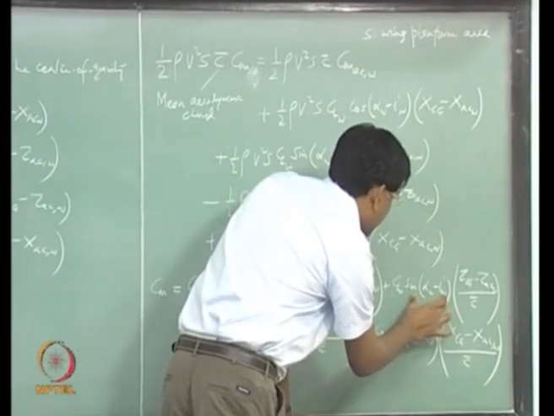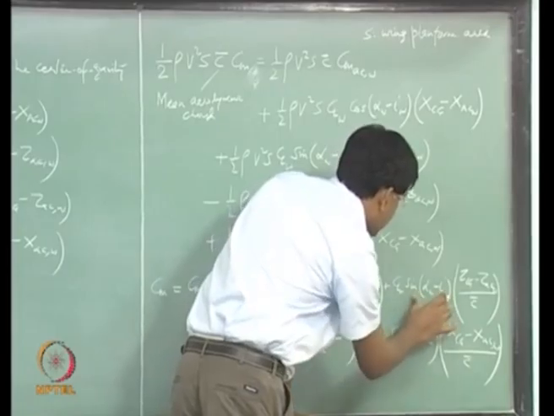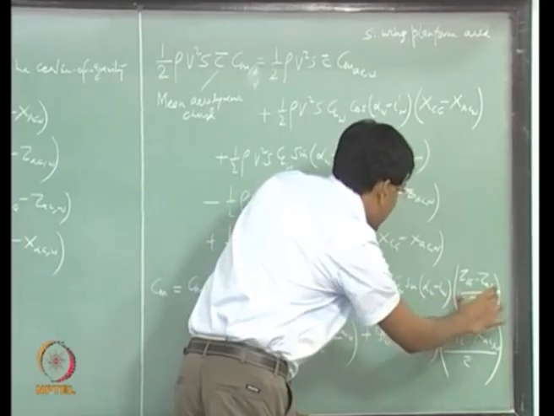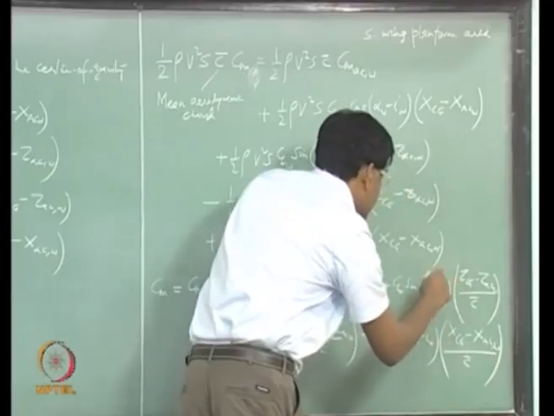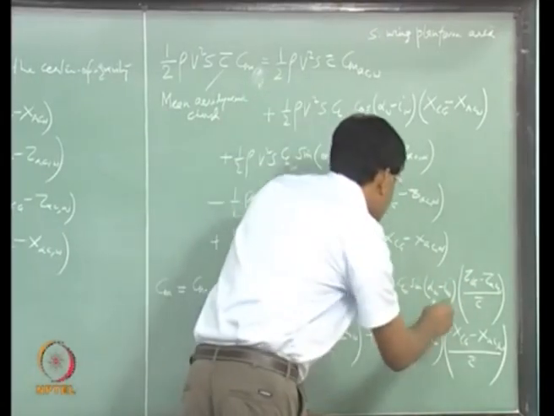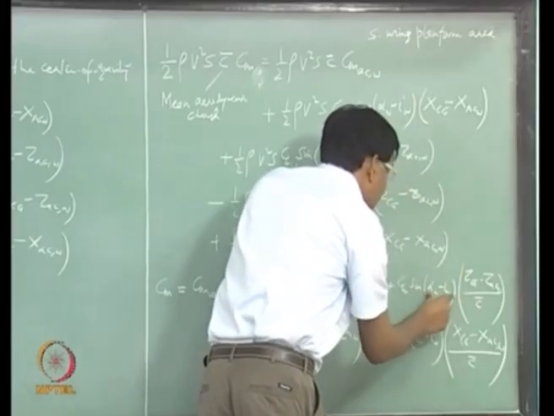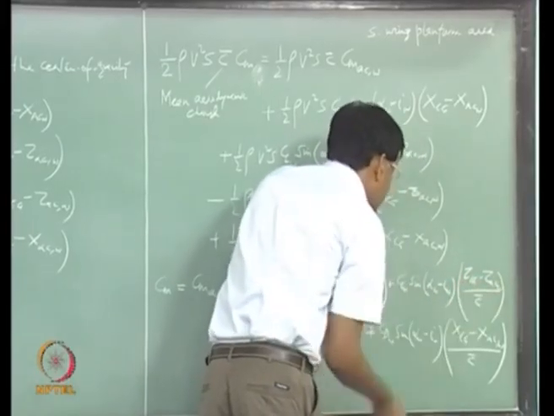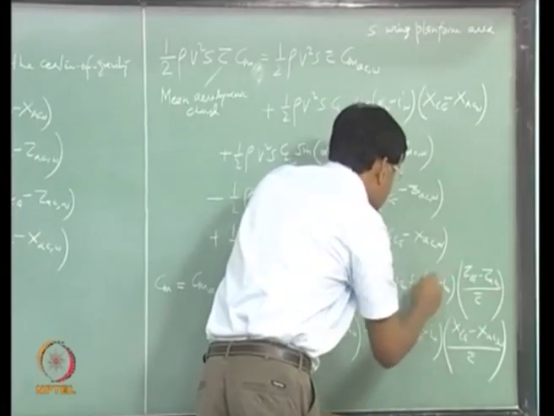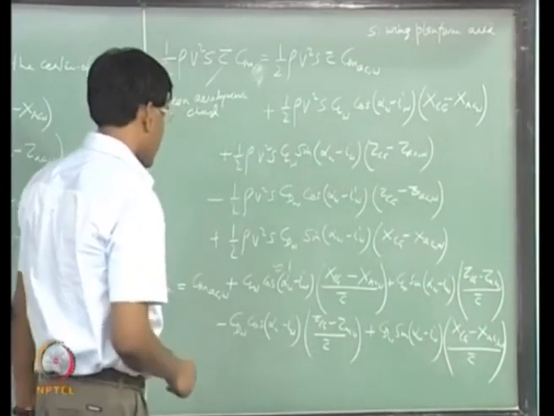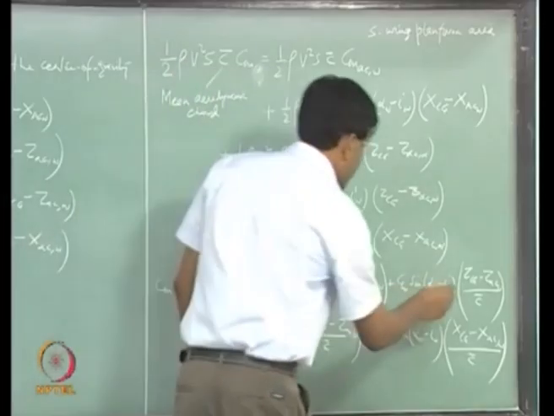This is a small number multiplied with a small number. So, this is further small, which can be neglected. So, we are assuming that this angle is small and this distance is also small, so that this whole term is much smaller as compared to other terms. So, we can neglect this term.